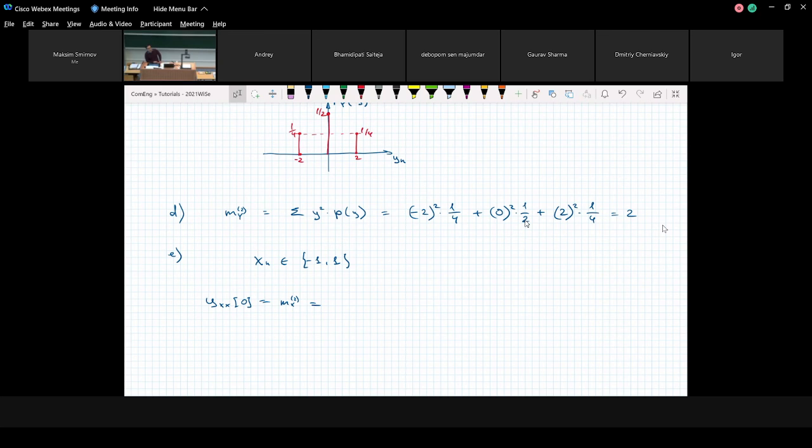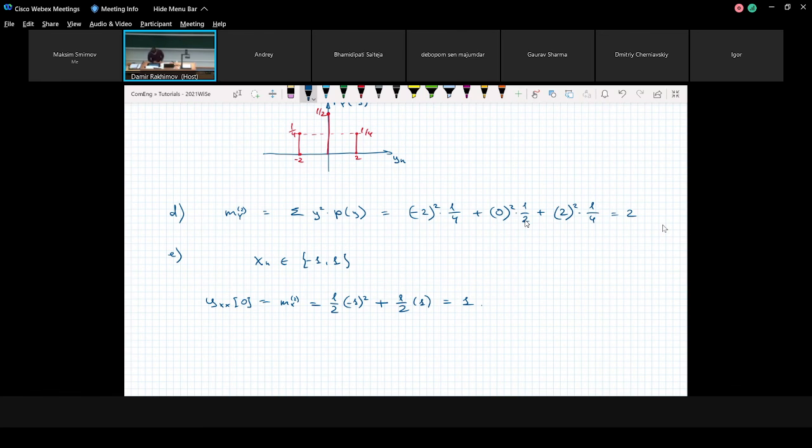It's going to be the summation. If it's like this, it's going to be 1/2 multiplied by -1 squared, plus 1/2 multiplied by 1 squared. That's all.